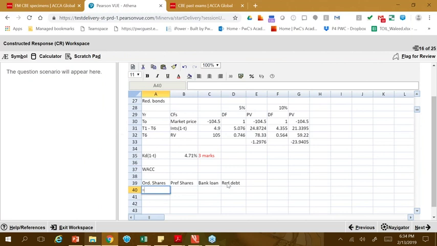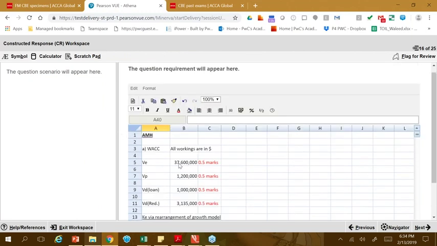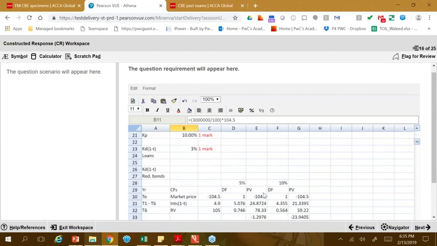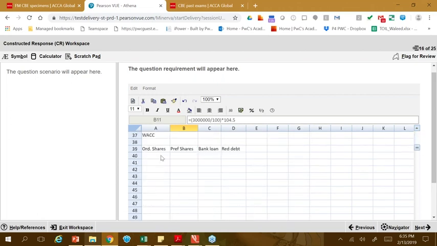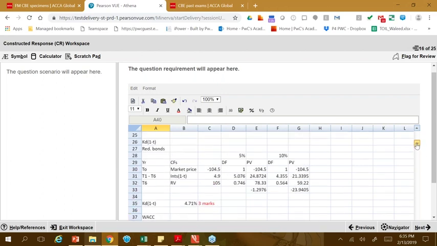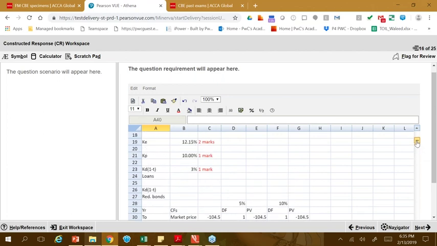So let's take our VE, which is in B5, over B5, B7, B9, and B11. So I've got all my values in now, and I will multiply these values with the cost of equity that I have, which is in B19.